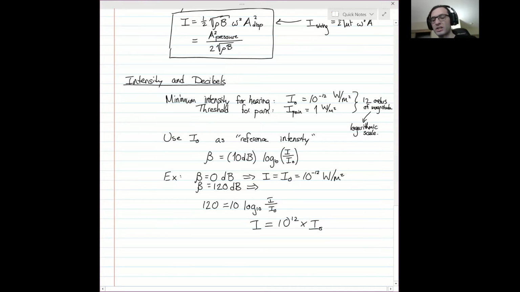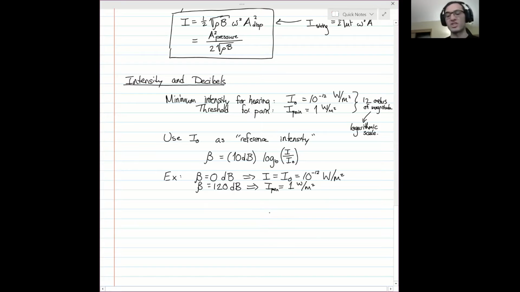Because then log base 10 of 10 to the 12th is just 12, multiplied by 10, and you get 120. So that would mean that I is equal to 1 watt per square meter. This is the threshold for pain. So at 120 decibels, the thing that you're hearing is going to make your ears hurt.